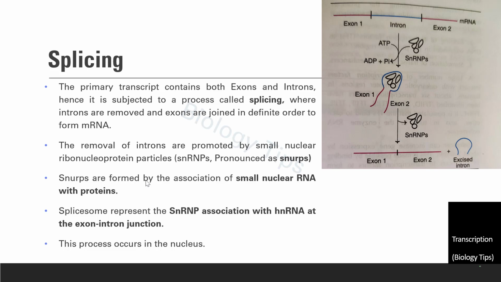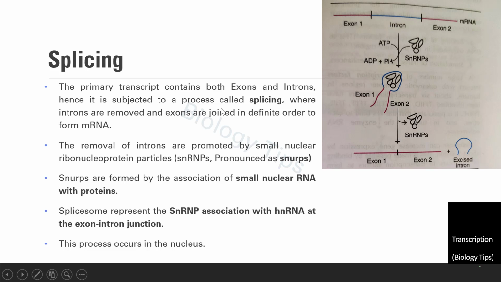So hnRNA possesses exons and introns. Now we have to remove these introns. These introns are removed by a process called splicing. Now, who helps in splicing? Spliceosome.